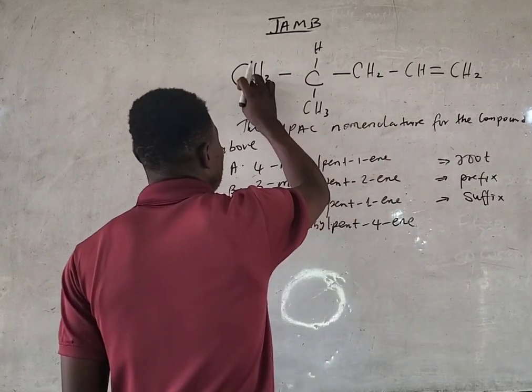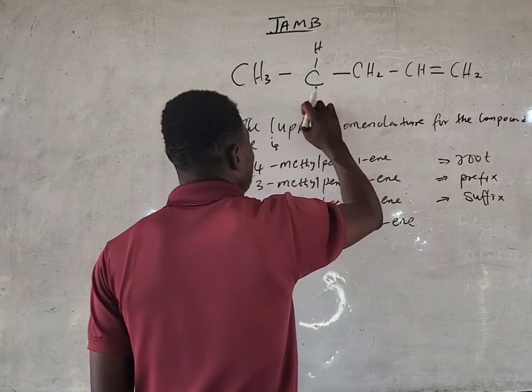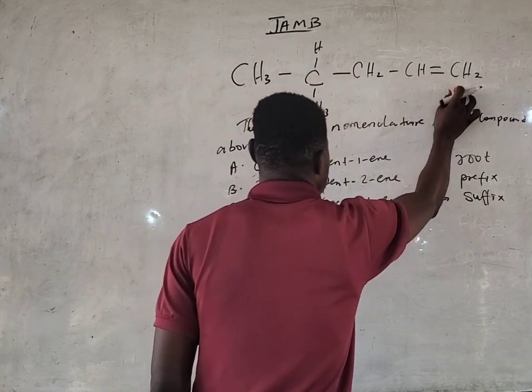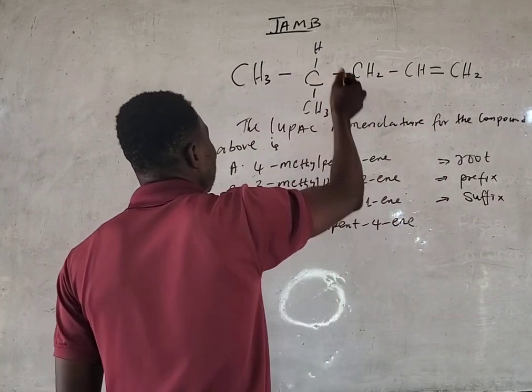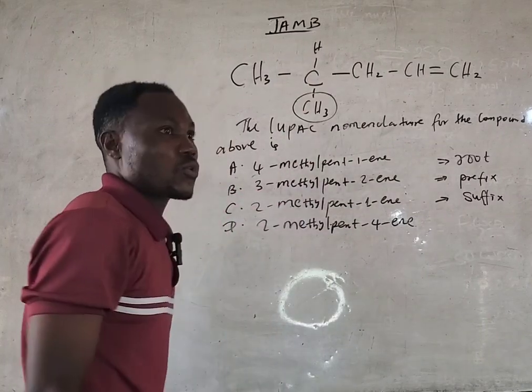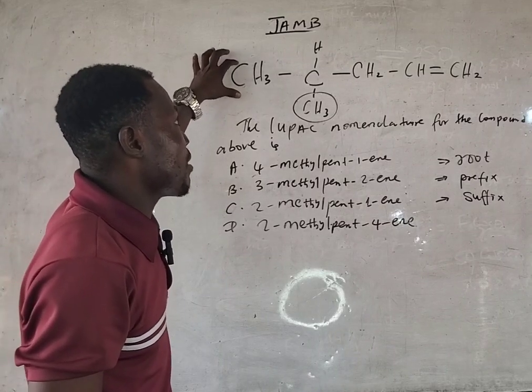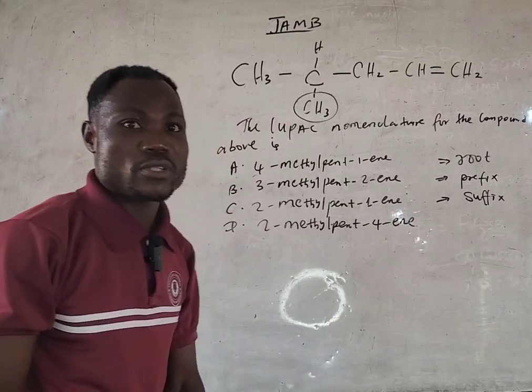So if you count, we have 1, 2, 3, 4, 5. Or we can count 1, 2, 3, 4, 5. So if you count 5, any extra one is considered a branch. The root of this compound is determined by the number of carbon atoms that make up the straight chain.